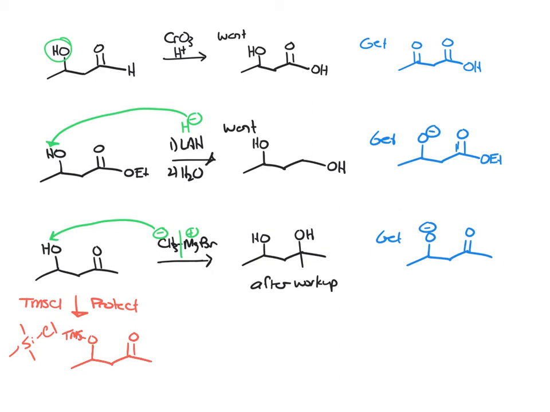So we get that TMS group bonded to the oxygen. Now you no longer have an alcohol to cause you any problems. So now you can do the Grignard reaction.